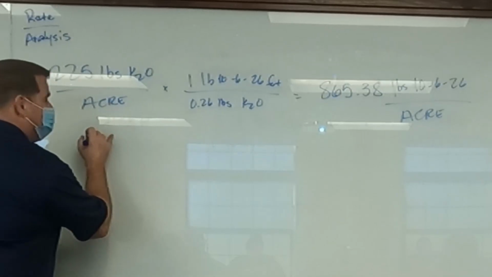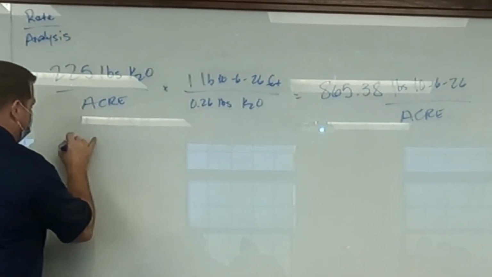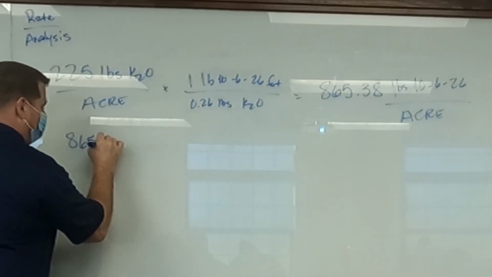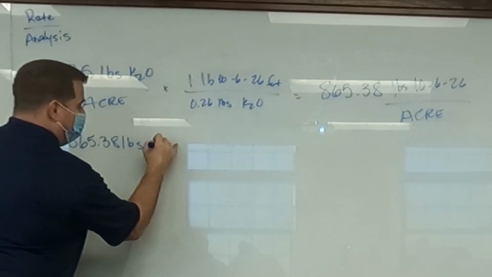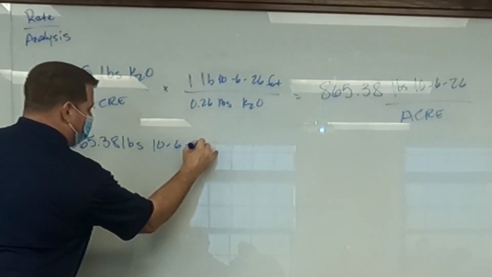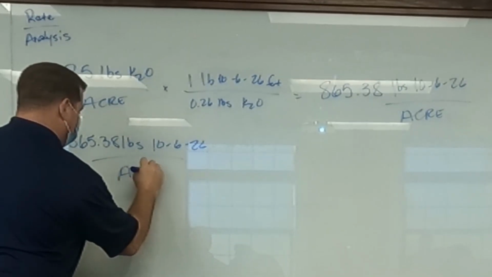Very good. So there are, follow me now, 865.38 pounds of 10-6-26 per acre.